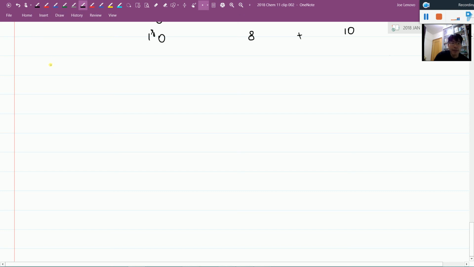What is RAM? Relative atomic mass, but in my terms, I always just say it's the average. The average of what? The average mass of all isotopes.